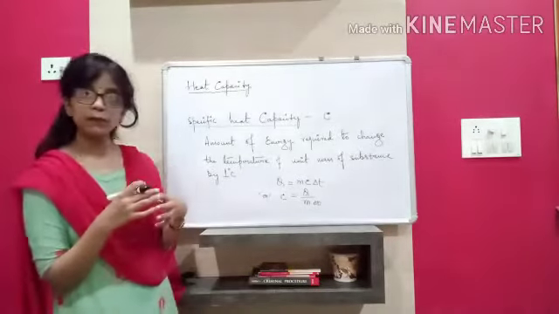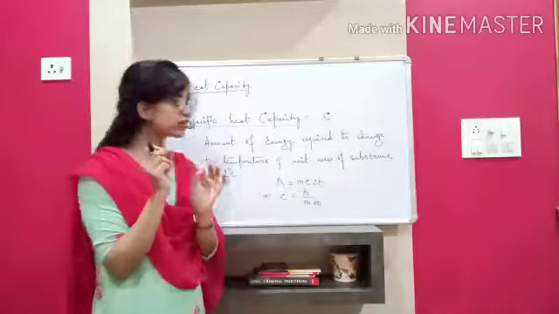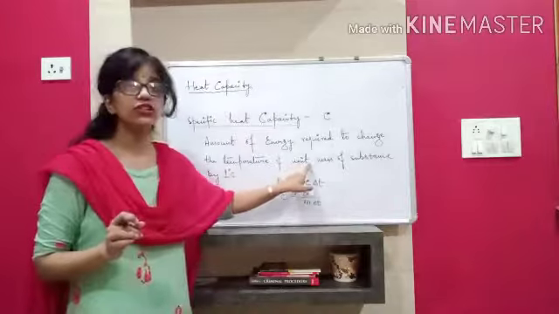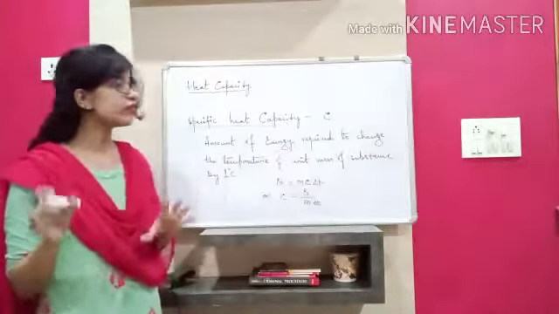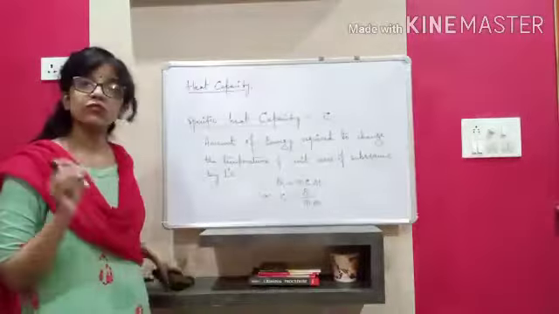What to remember in the definition is that we change the temperature by 1 degree Celsius, and you are taking the unit mass, and then the amount of energy required is known as the specific heat capacity, denoted by small c.